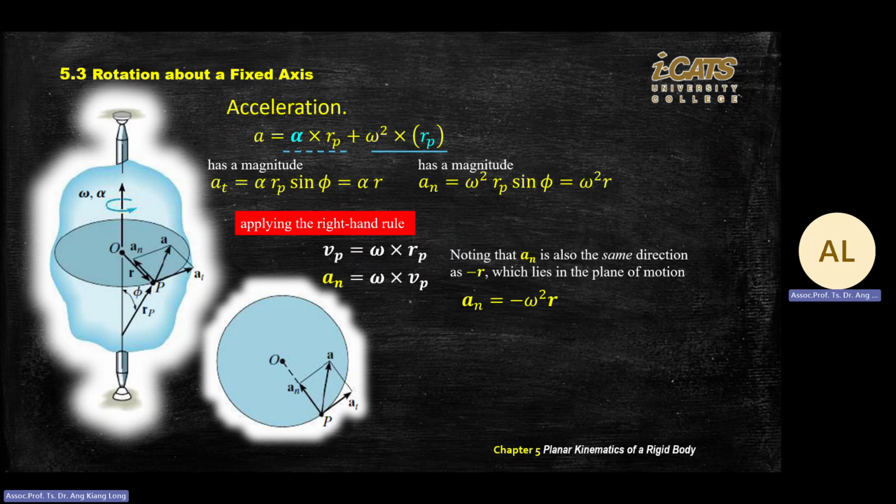There's a difference between the line here, a_n equal to omega square R, which is magnitude, and this, which is the final answer of your a_n. If your axis R is pointing from O towards P, because your vector of a_n always points inside the center, you put a negative sign there because your vector is opposite direction of the R.